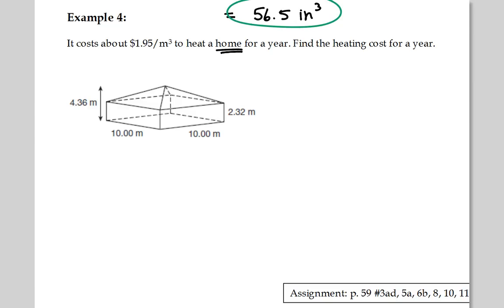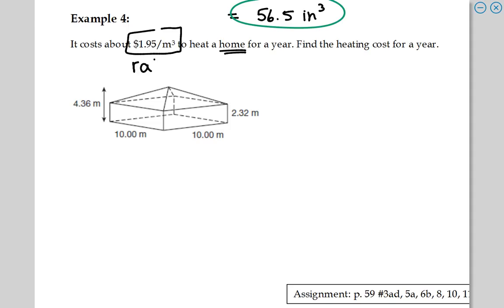Now it tells you cost as a rate. This is a rate. A rate is a comparison of two units. In this case, it's dollars per meter cube.